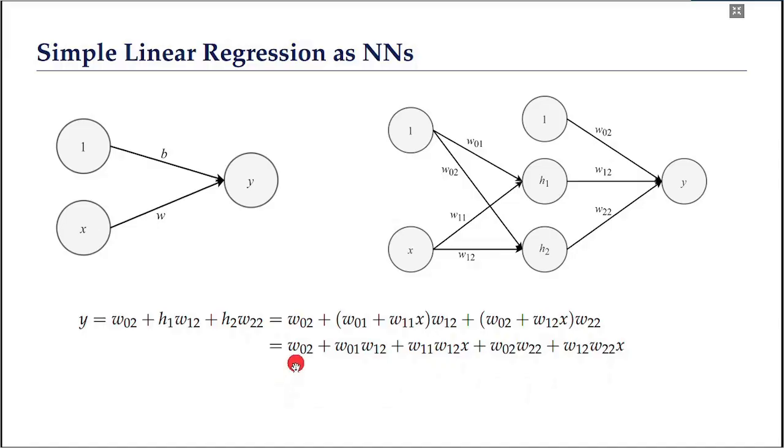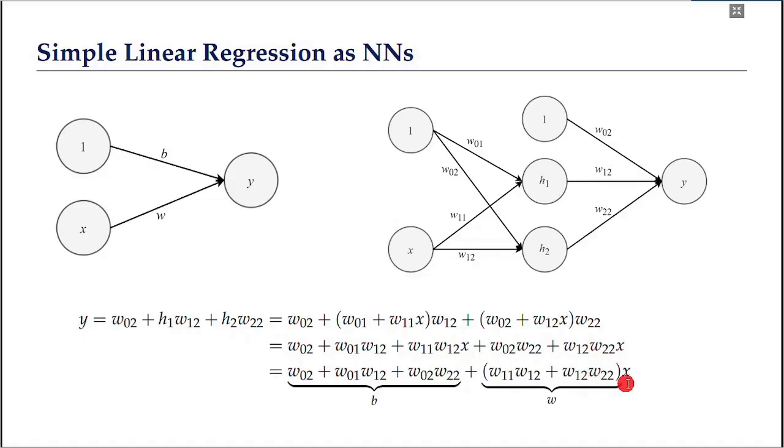So here we have W02 plus W01 times W12 plus W02 times W22, and similarly we have plus W11 times W12x plus W12 times W22x. So collecting similar terms together, it becomes something like this.